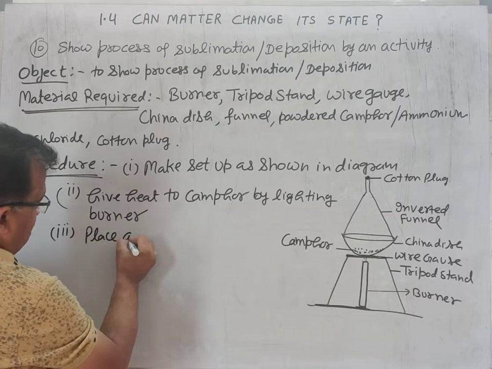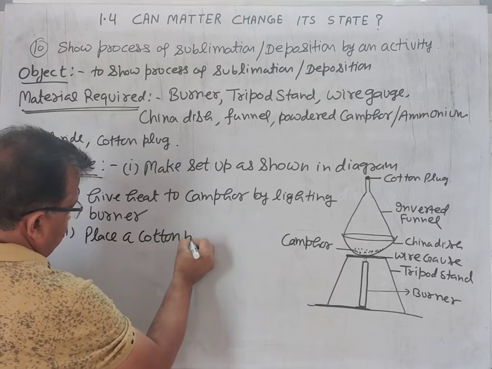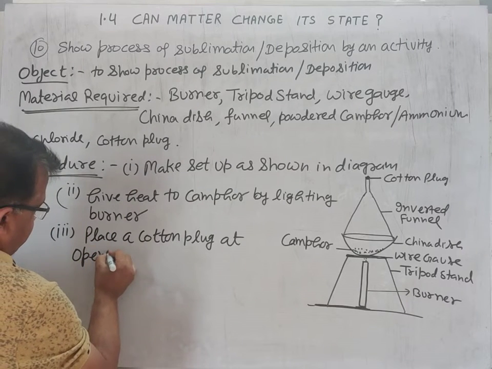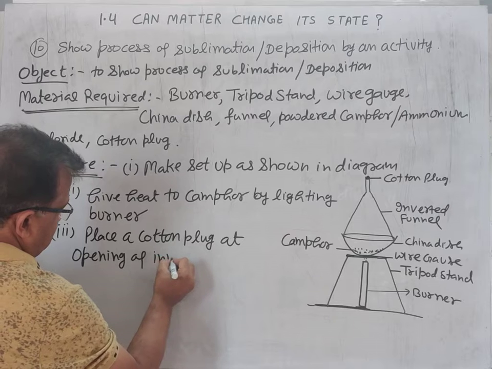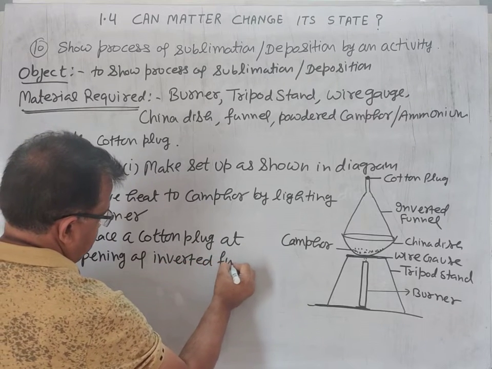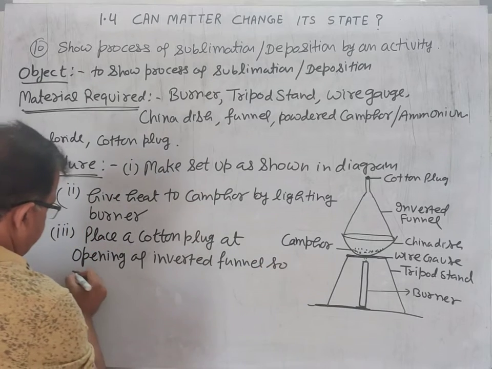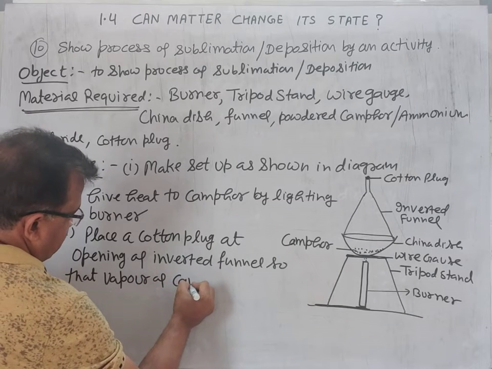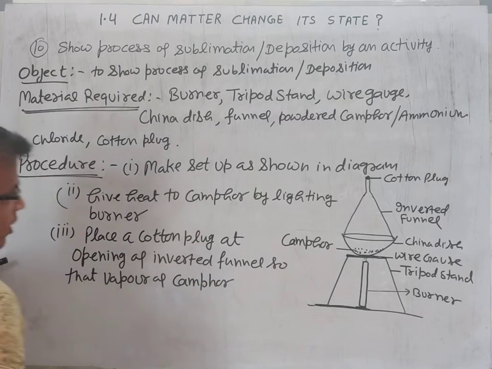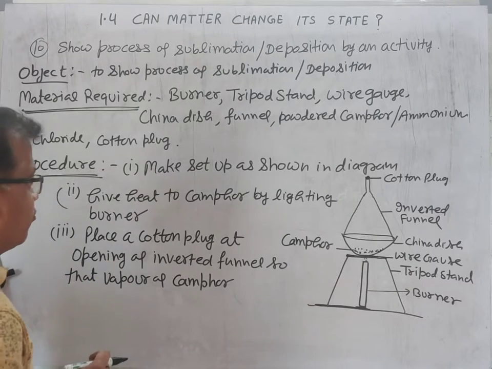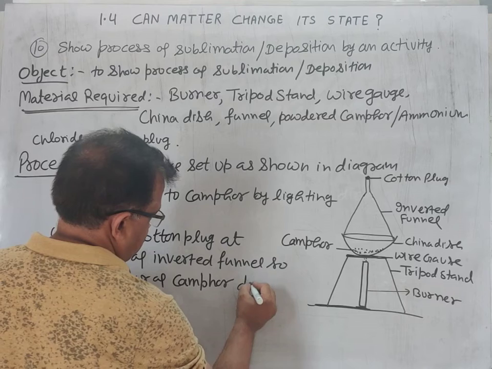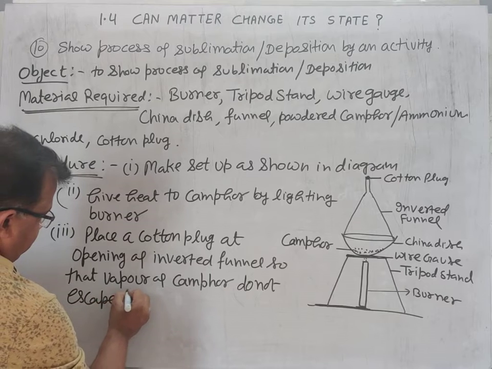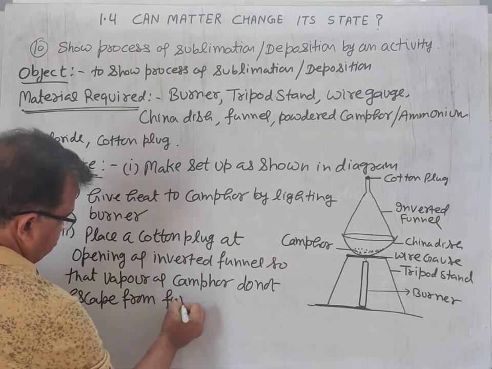Place a cotton plug at opening of inverted funnel so that vapors of camphor or ammonium chloride do not escape from funnel.